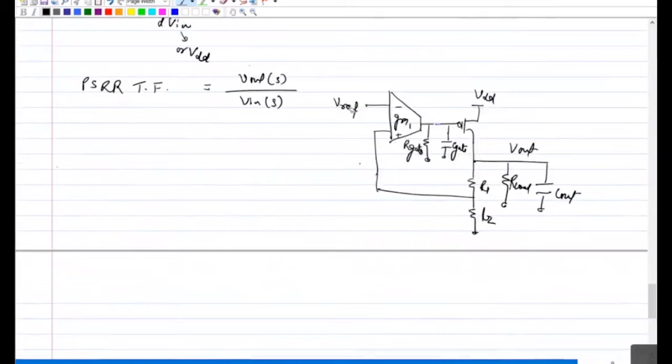For a small signal analysis, you have to make this VREF ground. So where will be the input for a small signal here? Where is your input for PSRR? VDD is your input. Now you have to find the transfer function.